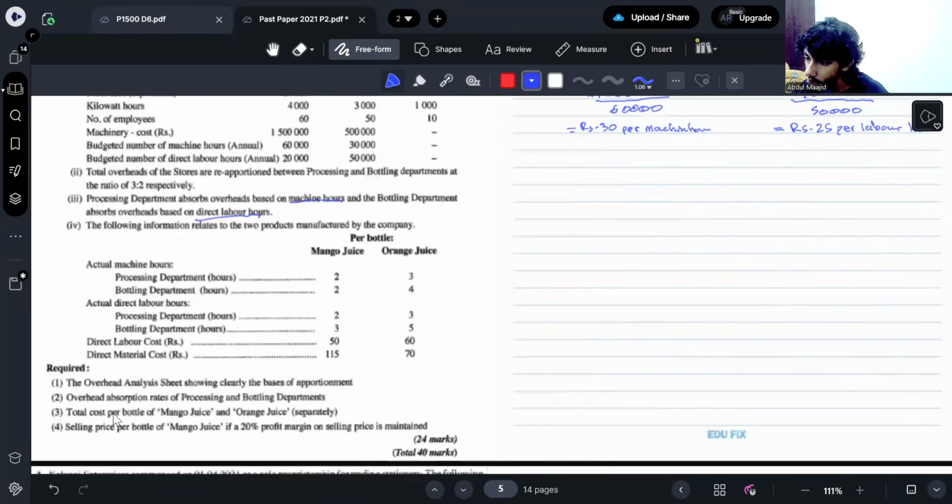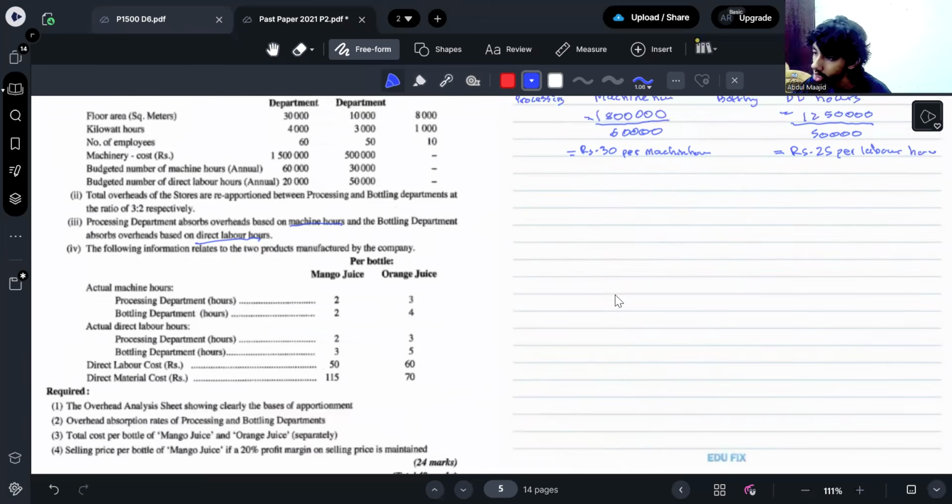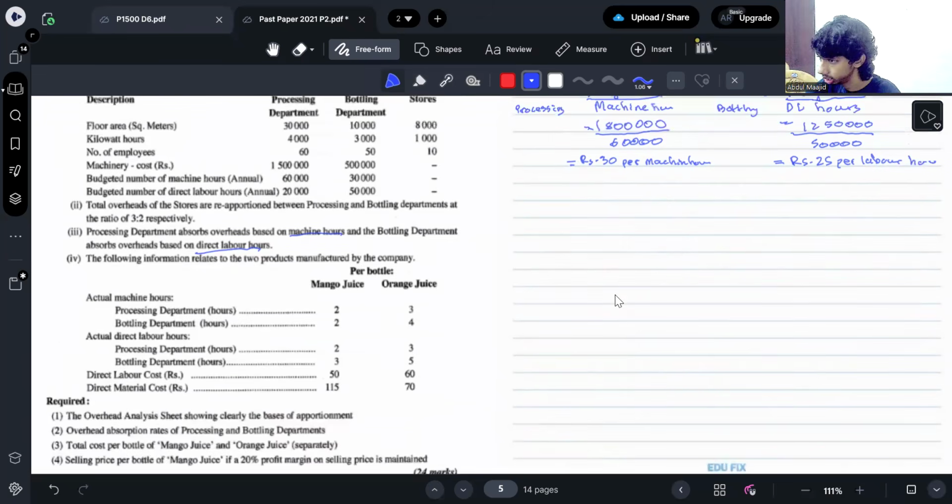Third requirement, total cost per bottle of mango juice and orange separately. Total cost per bottle. Okay. So first of all, third requirement, mango, orange. Mango and orange.